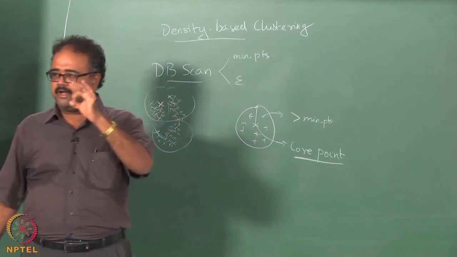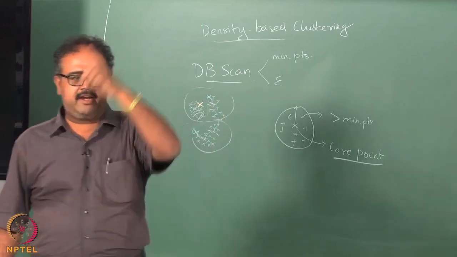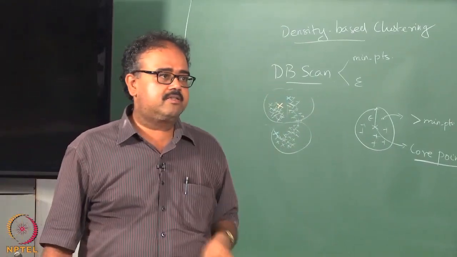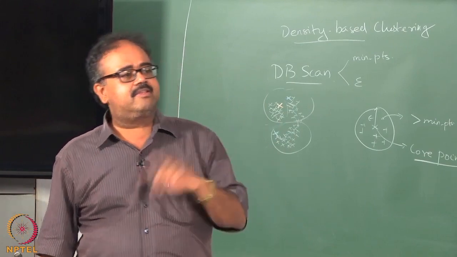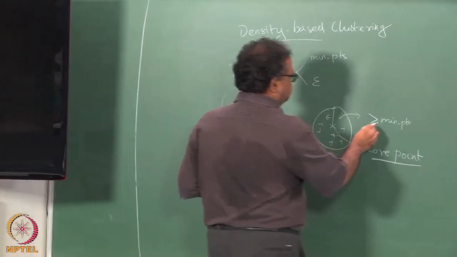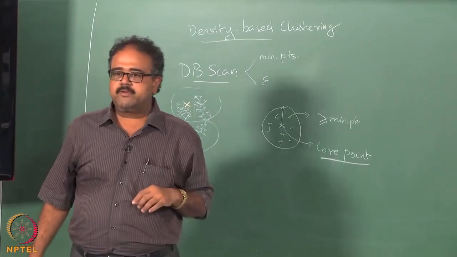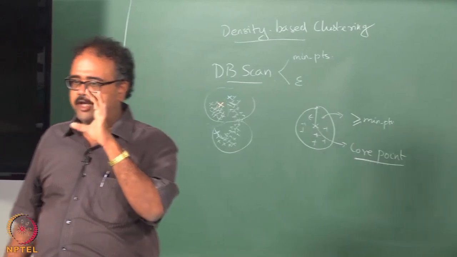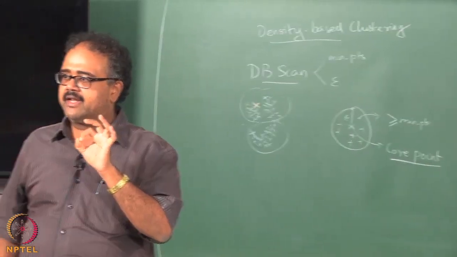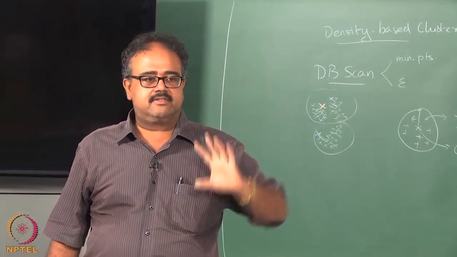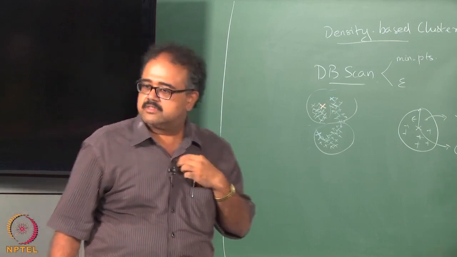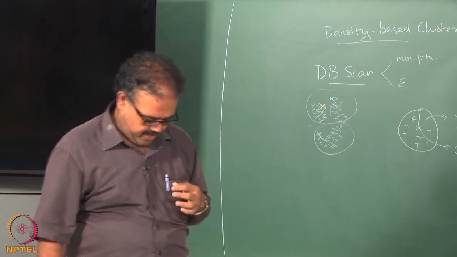Take a data point, take a ball of radius epsilon around it, count the number of points. If the number of points is greater than or equal to min points in that ball of epsilon, then you call this a core point. A core point is a point that lies in a high density region, that is the definition we have.